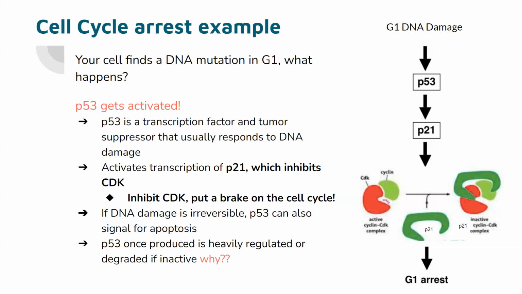P53 mutations are widely studied in oncology, and that is because once P53 becomes unable to perform its function, cell proliferation happens at crazy amounts. It could be DNA damage leading to malfunction. It could be DNA damage leading to apoptosis. It could be DNA damage leading to overproliferation of cells that do not die.